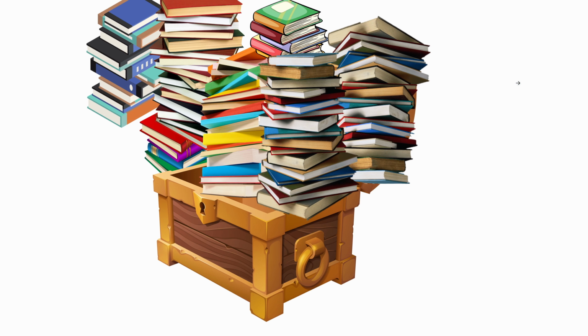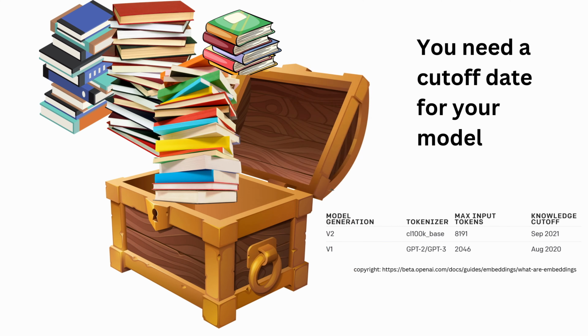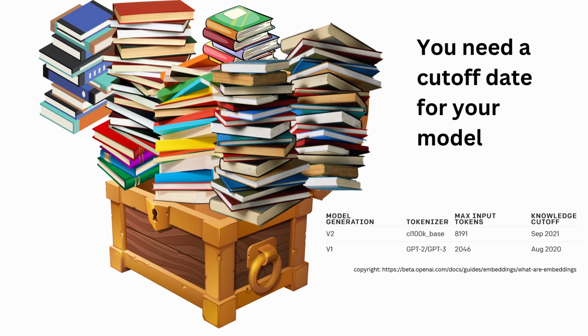So of course, if you want to sell it to everybody, we have to include all the knowledge there is on the internet. We copy the internet. Done. Of course, since every day millions and billions of new ideas and documents are generated around the globe, you have to have a cutoff date for your model.